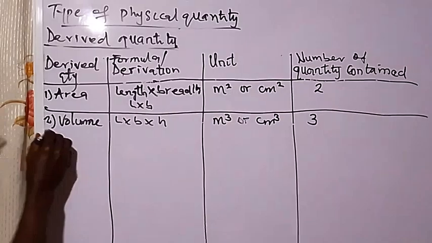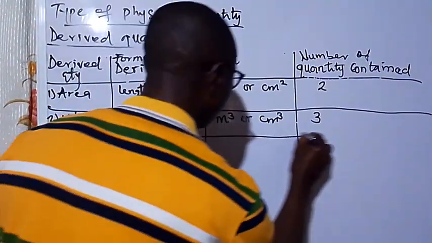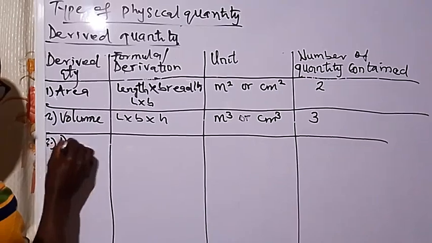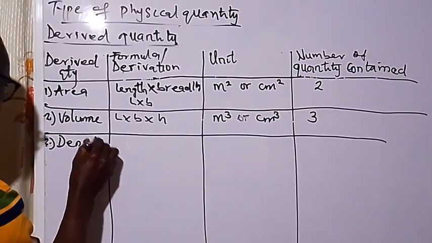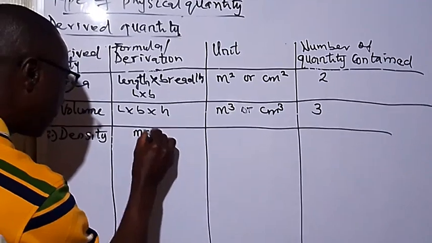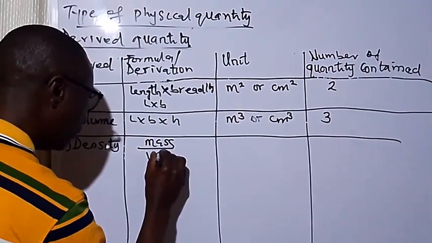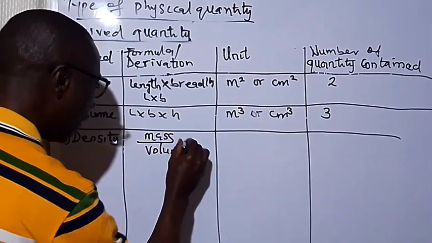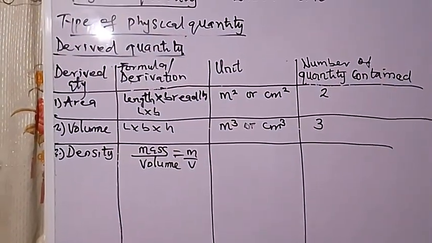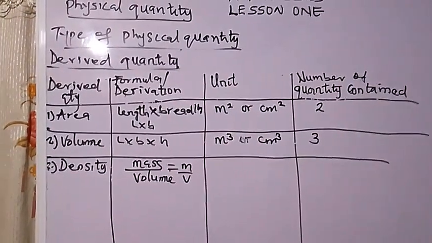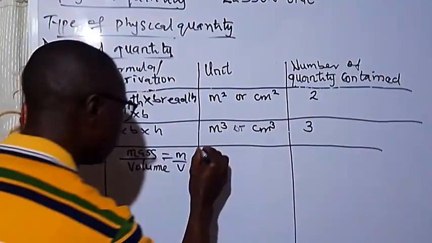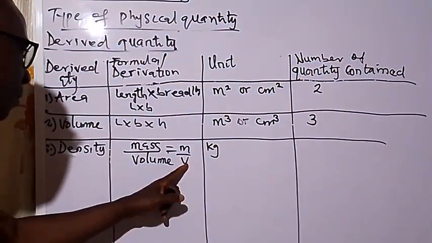Now, the next example is number 3, which is density. Density in physics, the formula is mass over volume. Note this, the unit of mass from the fundamental units is kilogram, and the volume is already known.